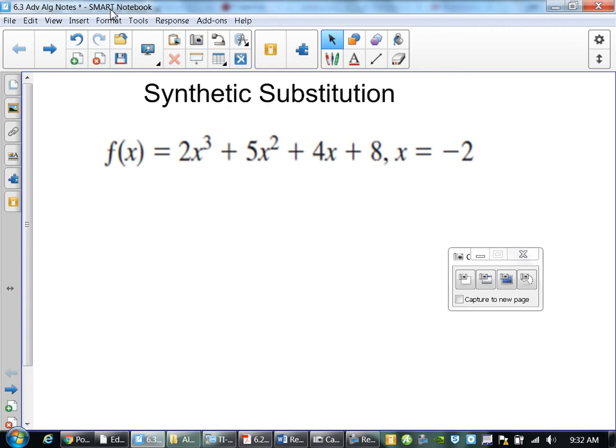Synthetic substitution is a way that you can substitute in values ridiculously quick.